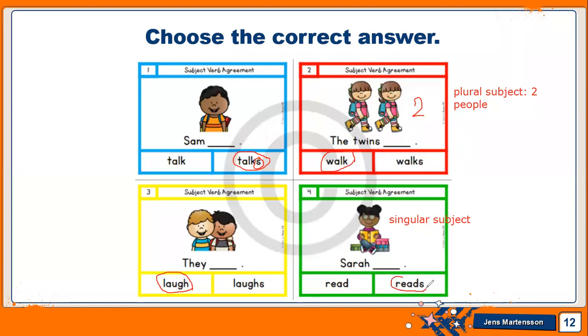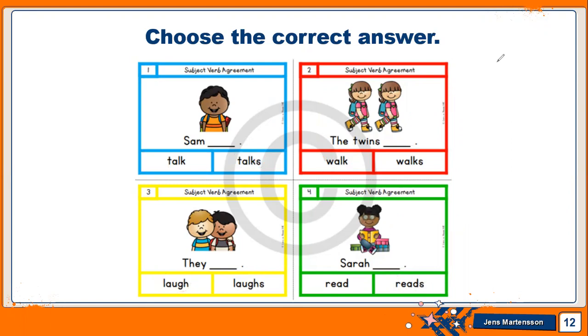It's reads. So what is the rule here? When I'm using the present tense, I have to decide whether my verb needs to take an S or no S. Based on what? Based on the subject. If the subject is a singular subject, one person, the verb takes an S in the present tense. If my subject, the person who's doing the action, is plural, so group of people, two or more than two, then I have to remove the S from my verb.